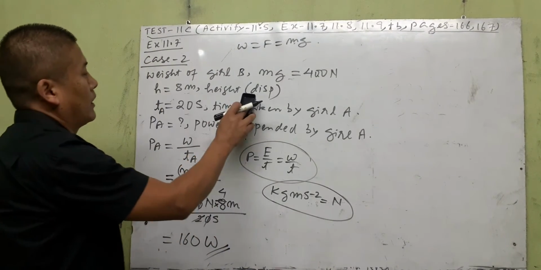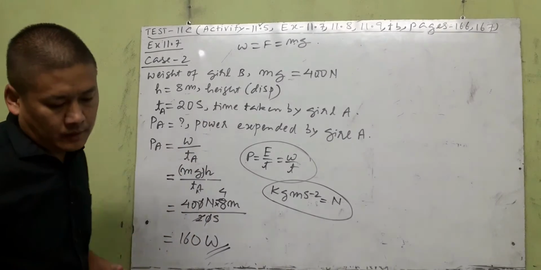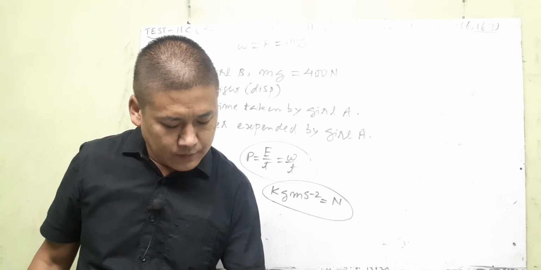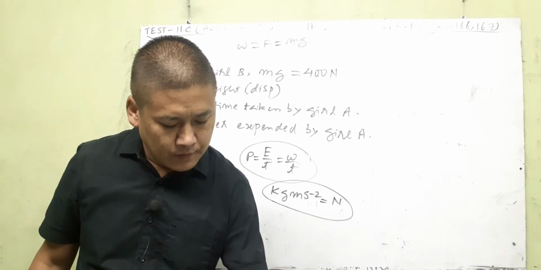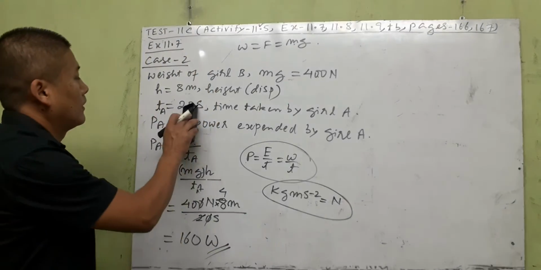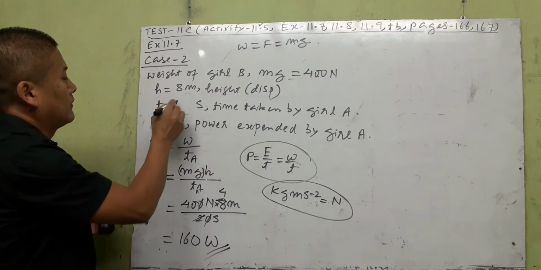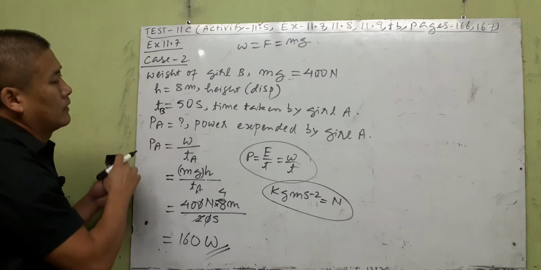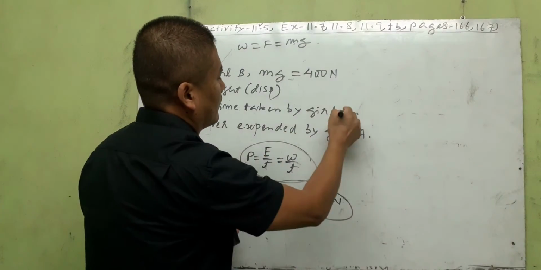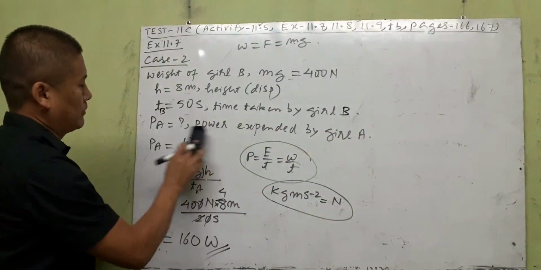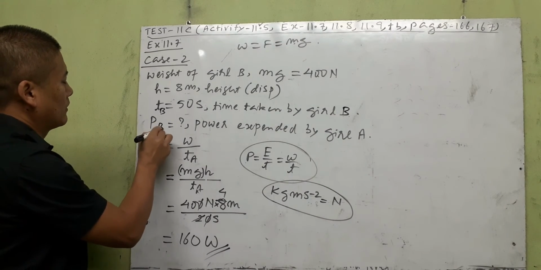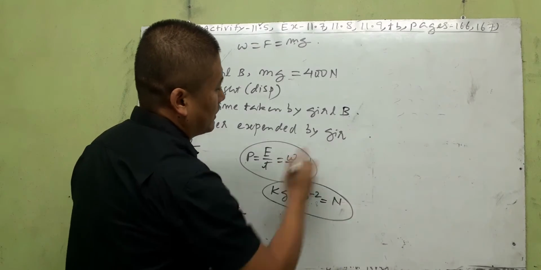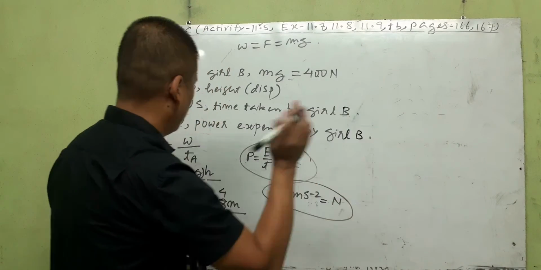Then the difference is that girl A takes 20 seconds while B takes 50 seconds. So this is the point where it will change. Let us write here TB, time taken by girl B. Then PA is the power, let us change it to PB, the power expended by girl B.